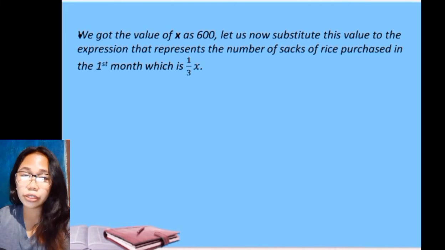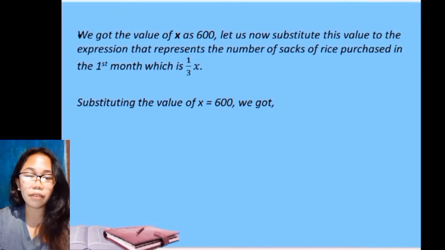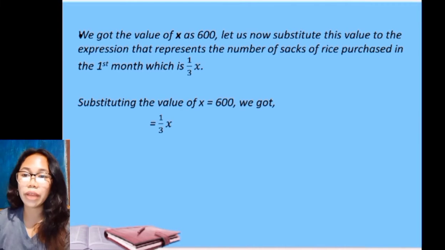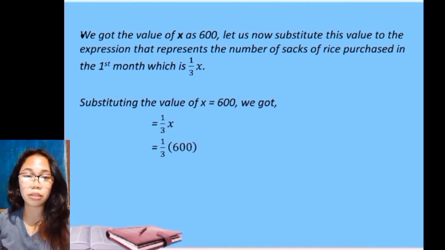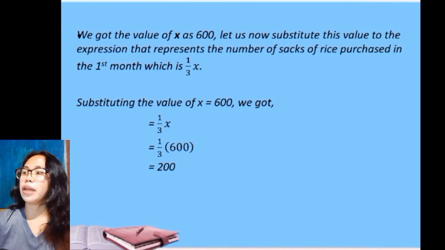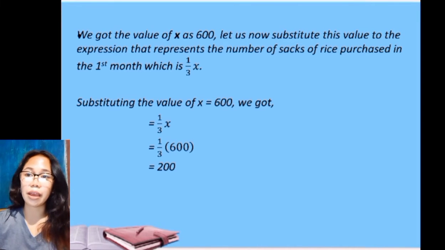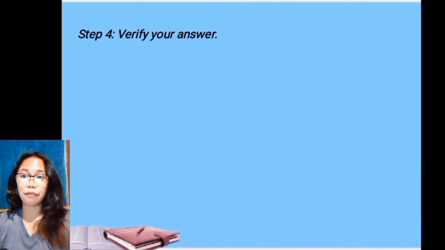Let us now substitute this value into the expression that represents the number of sacks of rice purchased in the first month, which is 1/3 x. Substituting the value of x equals 600, it becomes 1/3 times 600, with a total of 200. And for the last, we're going to verify our answer with step 4.